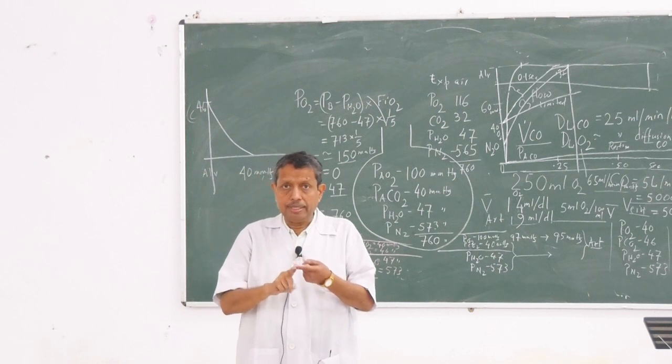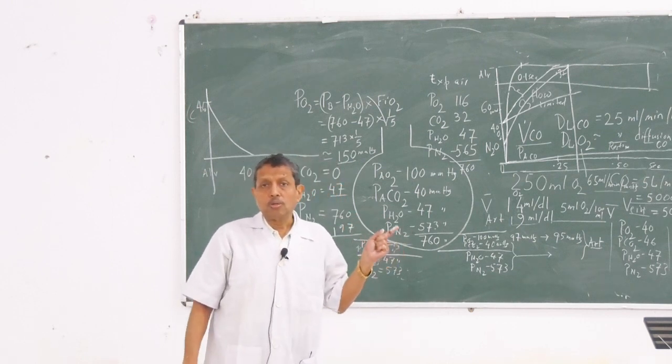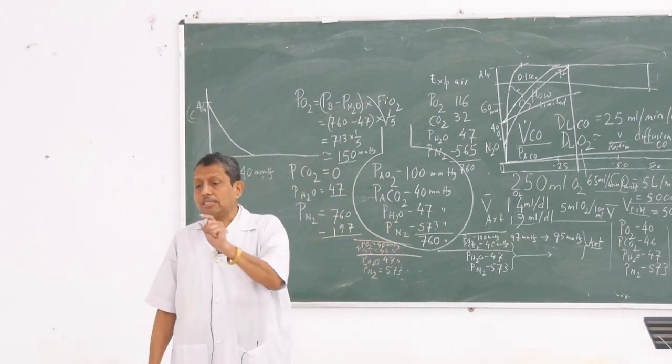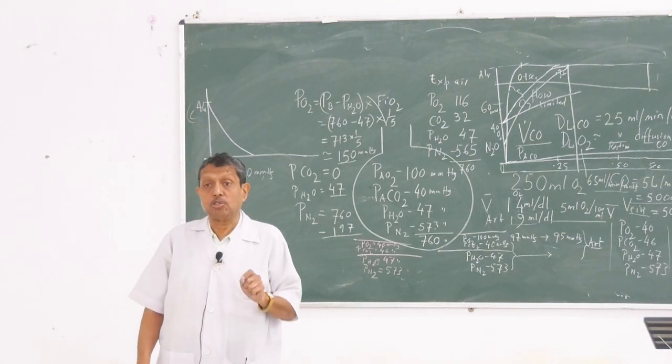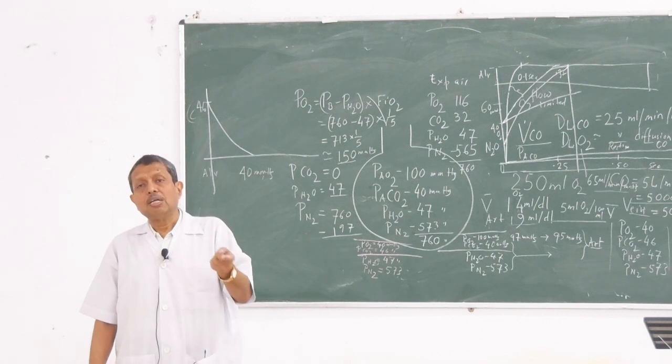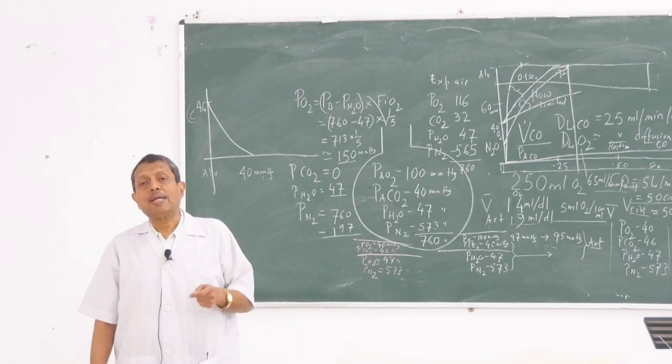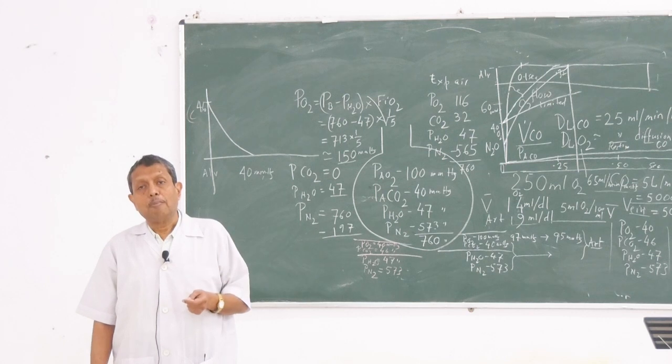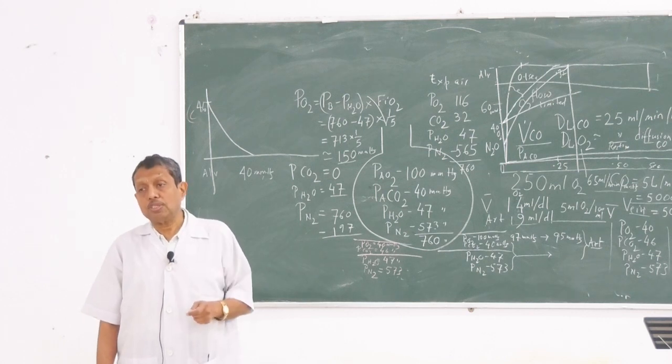In the case of oxygen, the DLO2 can be reduced if there is some form of pulmonary fibrosis. It may be due to sarcoidosis, berylliosis, or an increase in platelet-derived growth factor, or idiopathic pulmonary fibrosis.